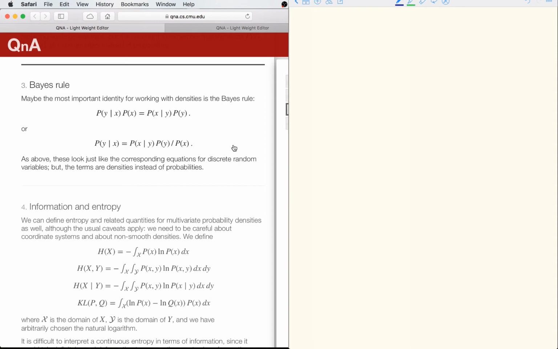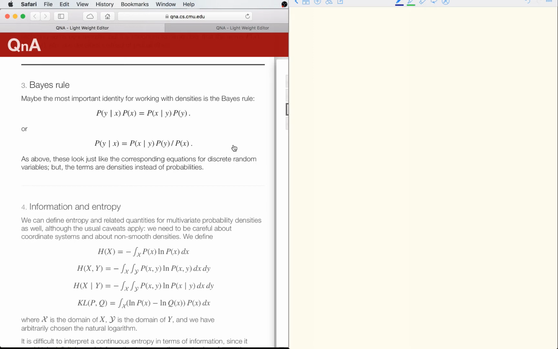The same notation applies, and you can do things like conditioning, marginalization, and applying Bayes' rule without worrying about whether they're continuous or discrete. The only time you have to worry is when it comes to, for example, evaluating the probability of an event, in which case for the discrete case you would sum, and for the continuous case you would integrate.